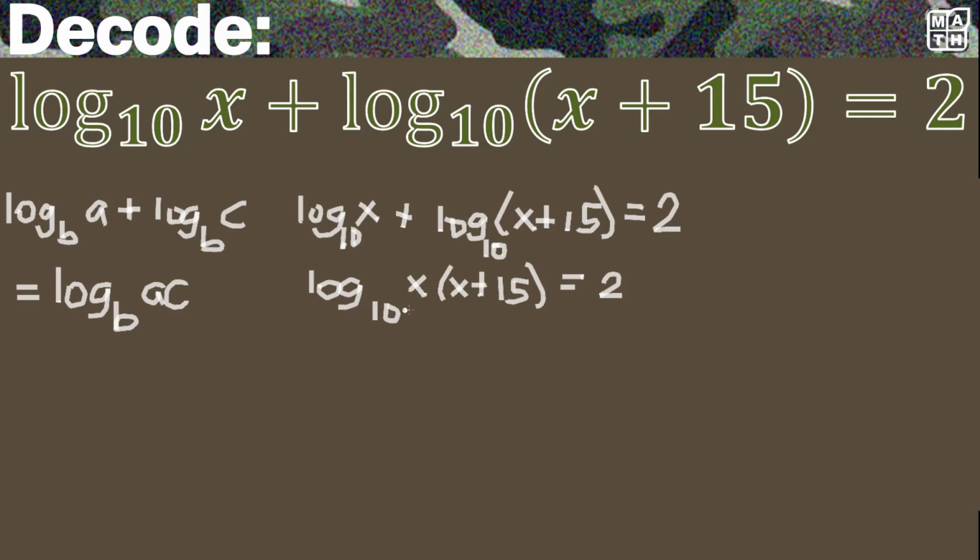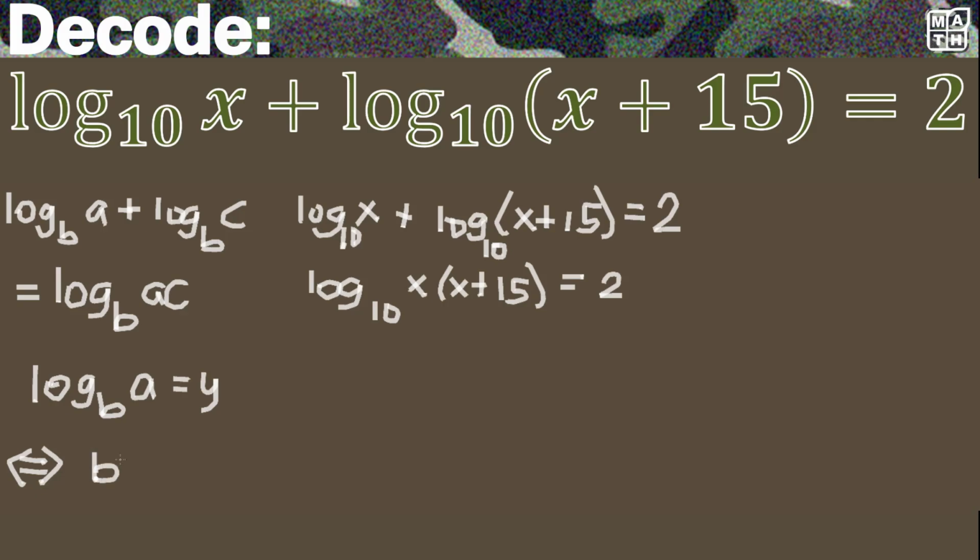Now we can of course proceed with multiplying x to x plus 15 to get a representative expression, but let's move forward in the transformation of any logarithm of a to the base b, and let's say this is equal to y, because we need to use another variable since x is already here. If we have a logarithm which is equal to any expression, you can simply write this in this form.